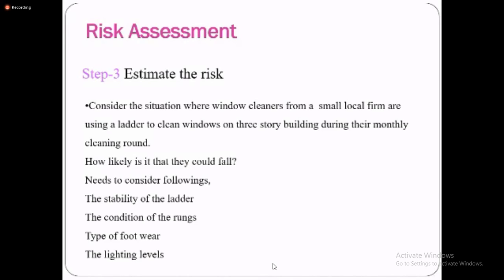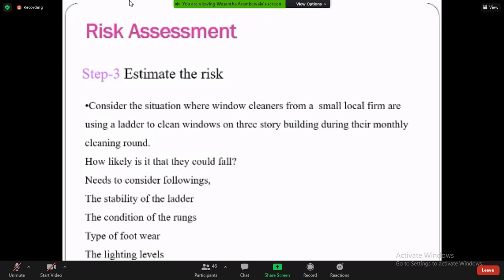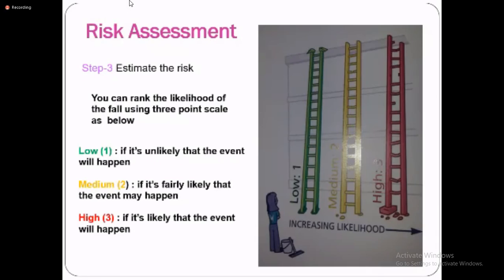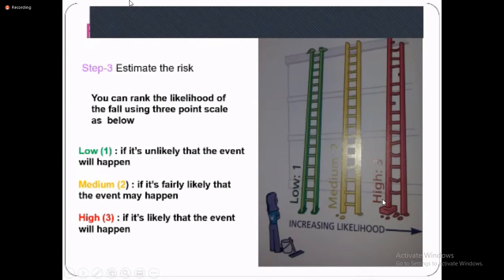Likewise, if we are going to estimate the likelihood, we have to consider several factors like this. Based on that, you say, okay, this is the figure for likelihood. For example, I'm taking the 3x3 structure here, and I'm giving the rating like this.